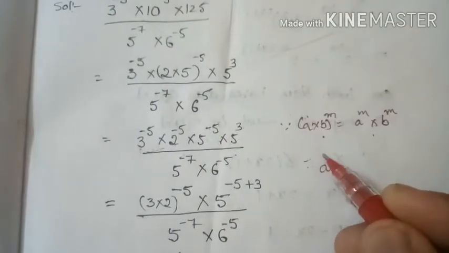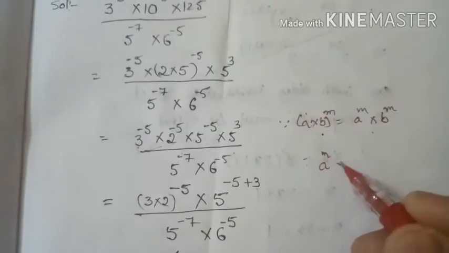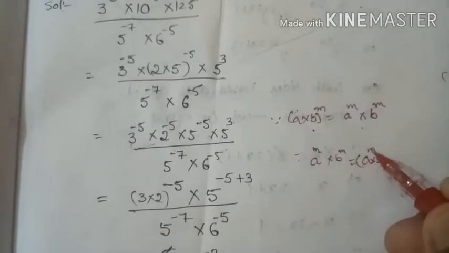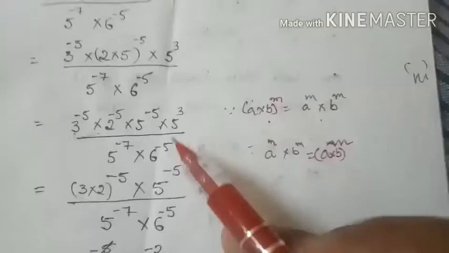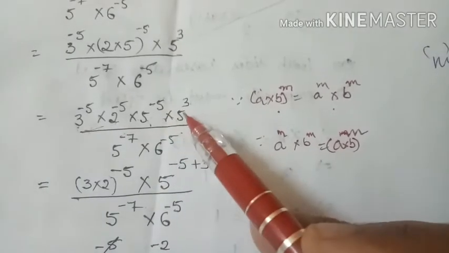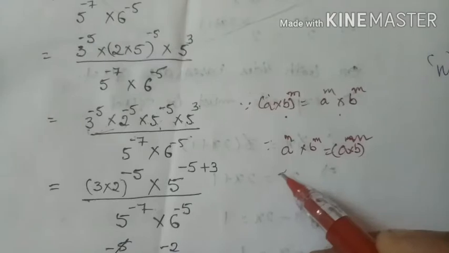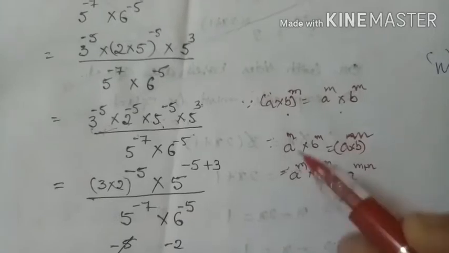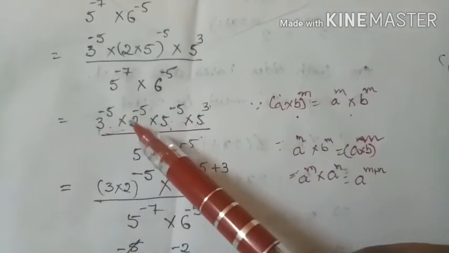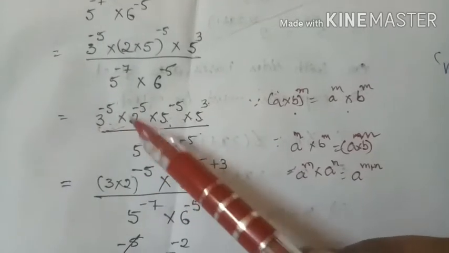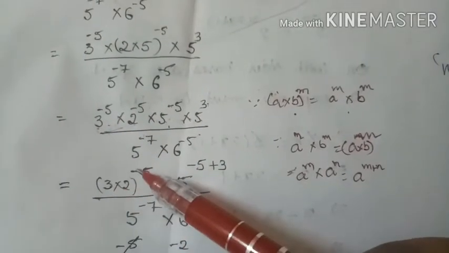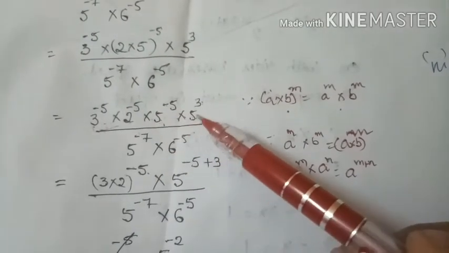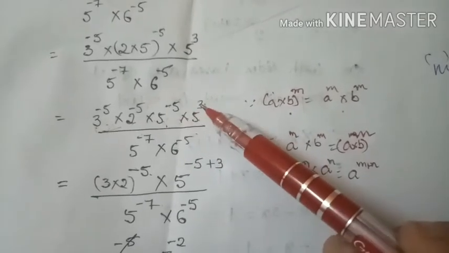So a power of m into b power of m is equal to (a into b) whole to the power of m. Next, a power of m into a power of n is equal to a power of m plus n.